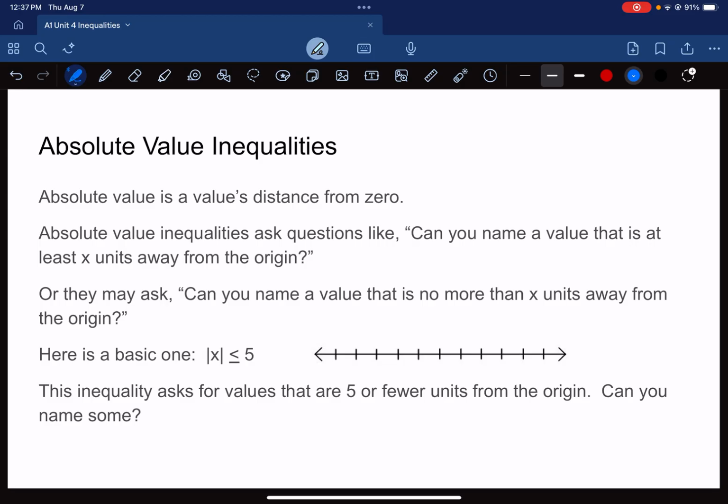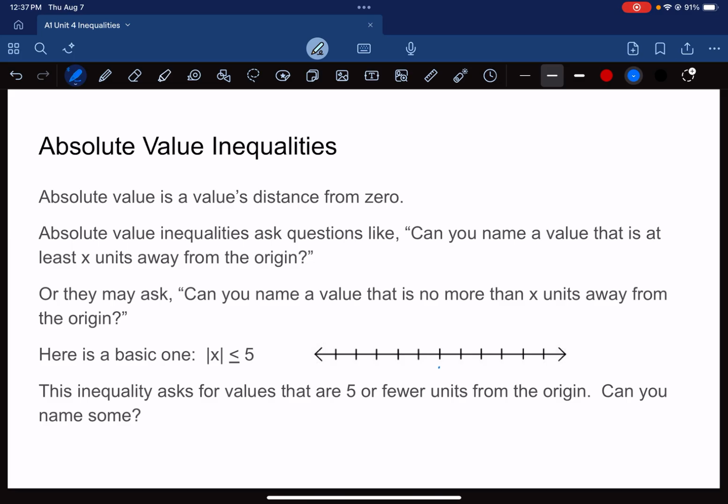Or they may ask, can you name a value that is no more than x units away from the origin? So here's a basic absolute value inequality. It just says absolute value of x is less than or equal to 5. So what that says is x values can't be any more than 5 units away. They must be less than or equal to 5 units away.